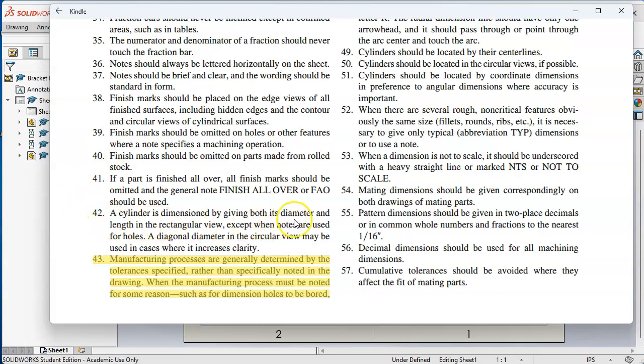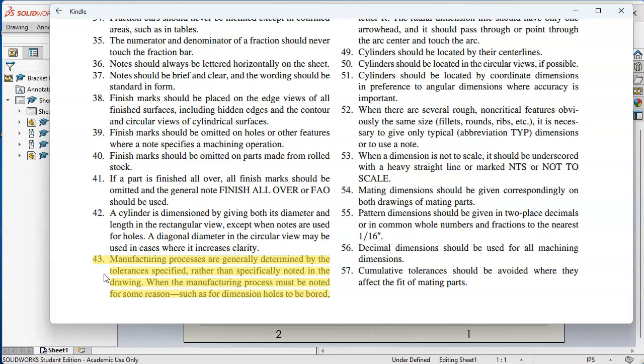A cylinder is dimensioned by giving both its diameter and length in the rectangular view for holes, and then the manufacturing processes are generally determined by the tolerances rather than noted in the drawing.